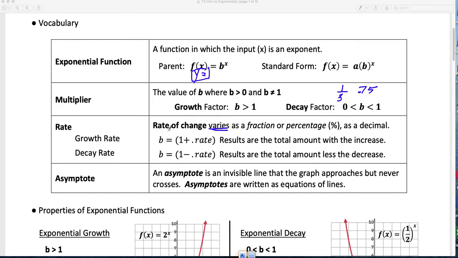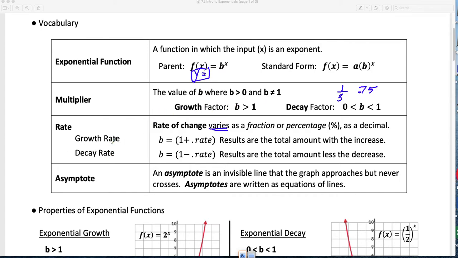which means that I'm going to be working with a fraction or percentage, but fractions and percentages aren't constant. Every time I move forward by 1 in x, the amount of the fraction or the amount of the percentage is going to change. And we usually write the fraction or the percentage as a decimal, and I have a growth rate and a decay rate, just like I had up here.